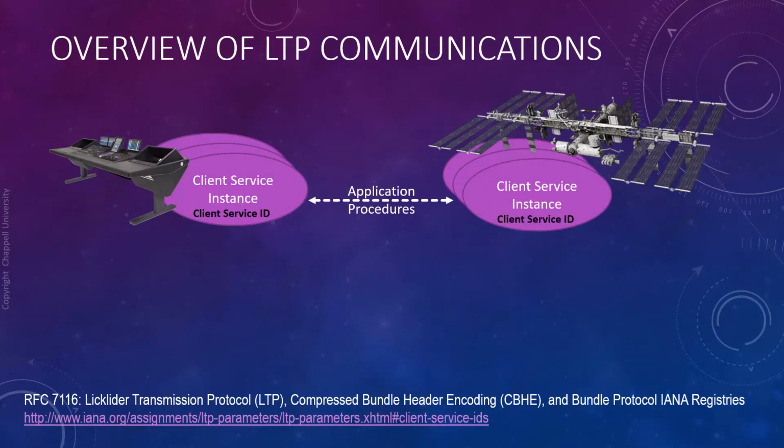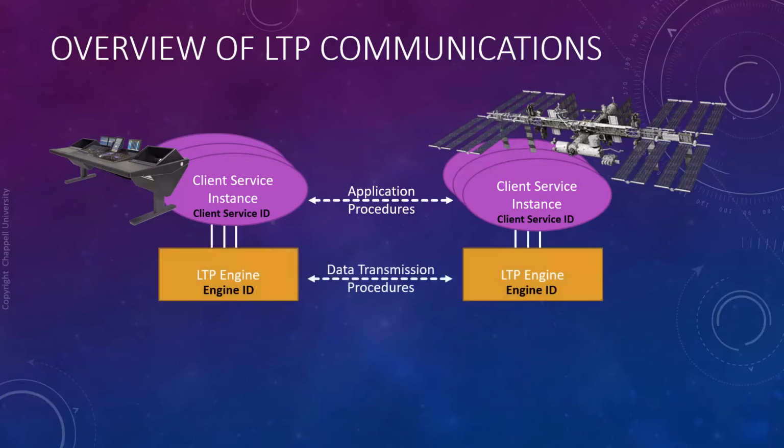You can have multiple client service instances running on top of an LTP engine. So each one of these purple ovals here would represent a different application. Below that, you would have the LTP engine at each side of the communication. This is your data transmission procedures using LTP underneath.